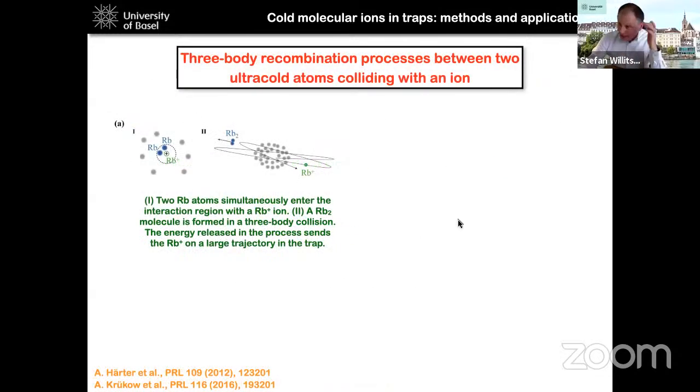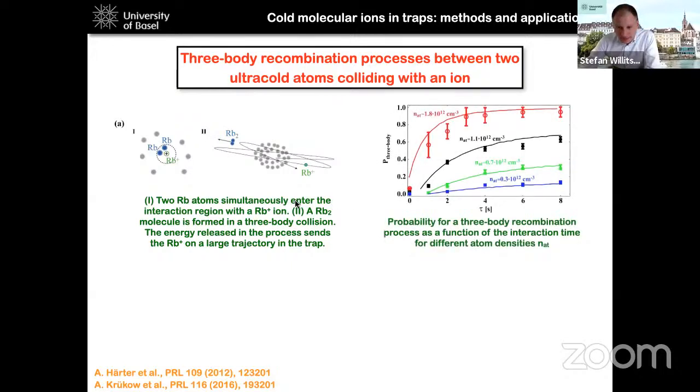Also quite an interesting phenomenon that can happen in these hybrid traps when you have very dense clouds of neutral particles is three-body processes. And that has been explored in quite some detail in Johannes Hecker Denschlag's group in Ulm, in experiments where they looked at both rubidium plus and barium plus ions in ultracold rubidium clouds.